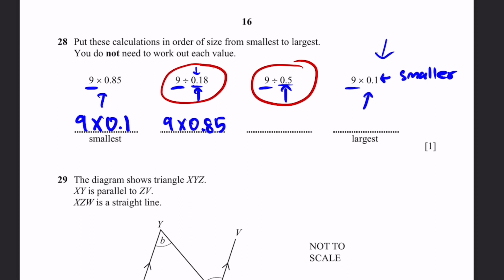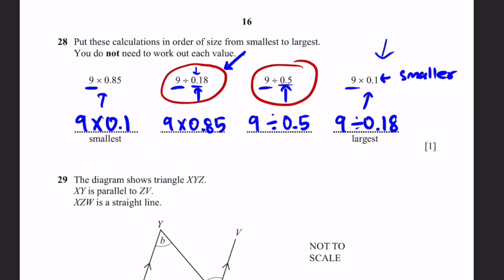Remember that. So the larger one is this one, 9 divided by 0.18. And so this is the largest number, 9 divided by 0.18. And obviously 9 divided by 0.5 will be bigger than these two but smaller than 9 divided by 0.18.